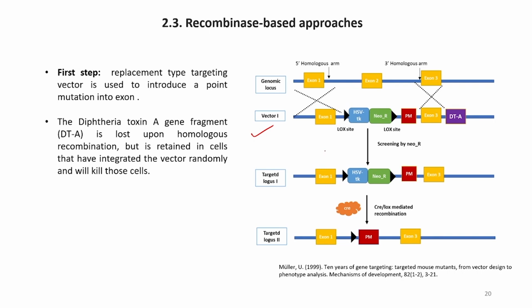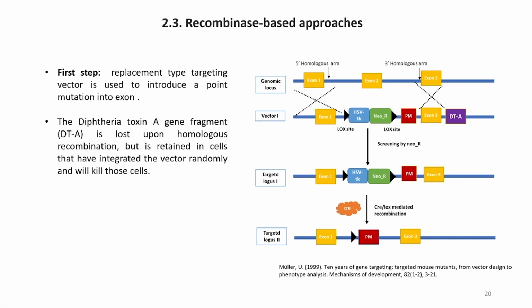Due to this homology, you have these HSV-TK and neomycin R and the point mutation as well as the LOX sites incorporated. So, this is the targeted locus, the output of the first step.